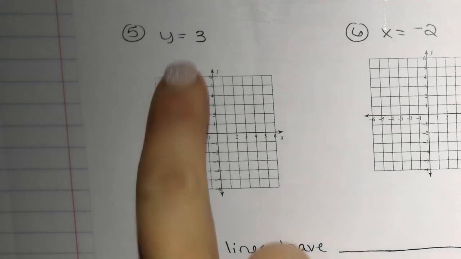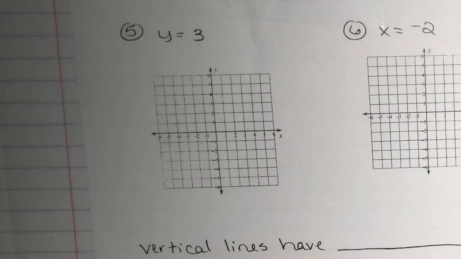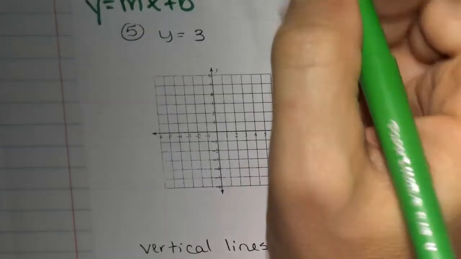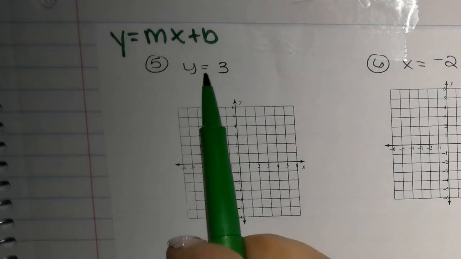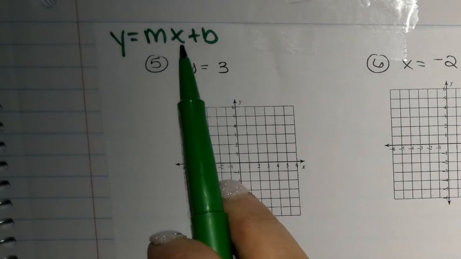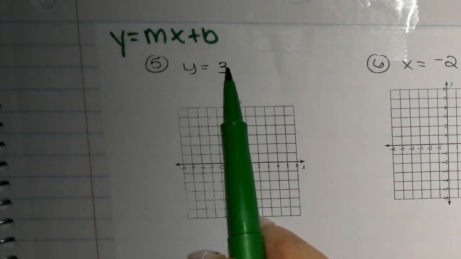If I give you just this, y equals 3, there's no m. Is there a b? Remember, here's our equation: y equals mx plus b. Well, if we just have that y equals 3, we know it's not the m because it would have a 3 and then an x.